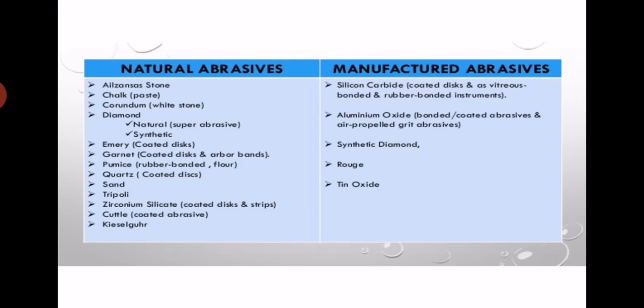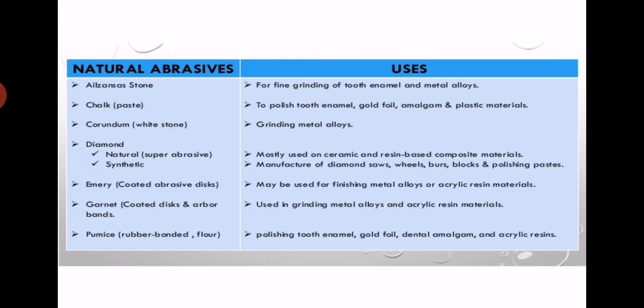These are the examples of natural abrasives. The next type, man-made or manufactured abrasives, are silicon carbide, aluminum oxide, synthetic diamond, rouge, tin oxide, and also tungsten carbide, etc.